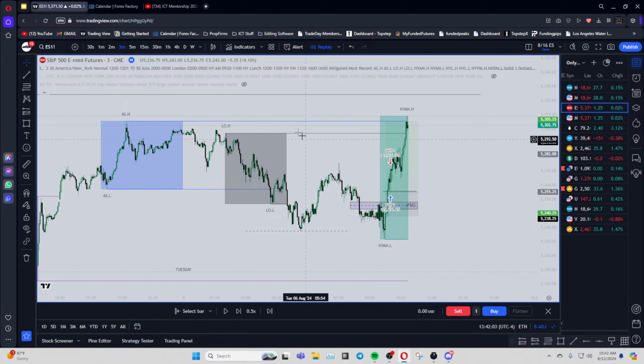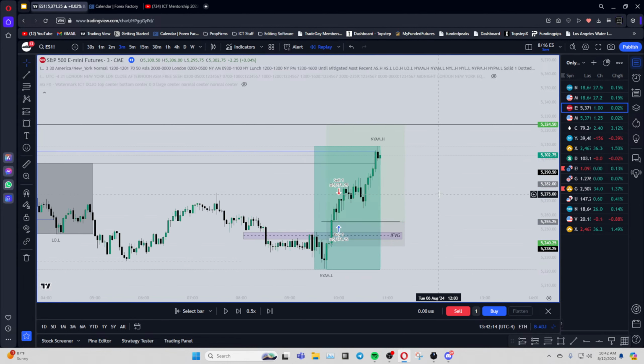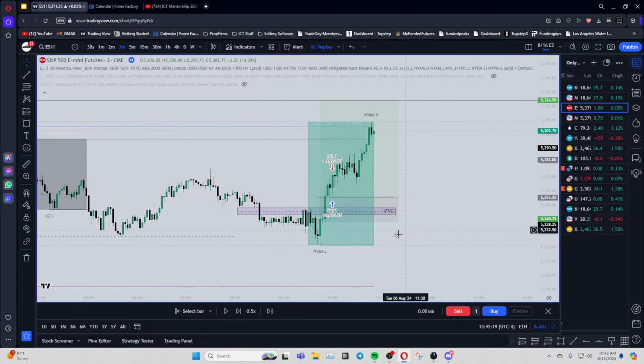So we come up, we take both of those levels. Now, this is where you might want to see continuation, and that's not where you're going to say, oh, I'm going to add more positions or I'm going to get in again. No, you're going to leave a partial, a runner on for that last target.